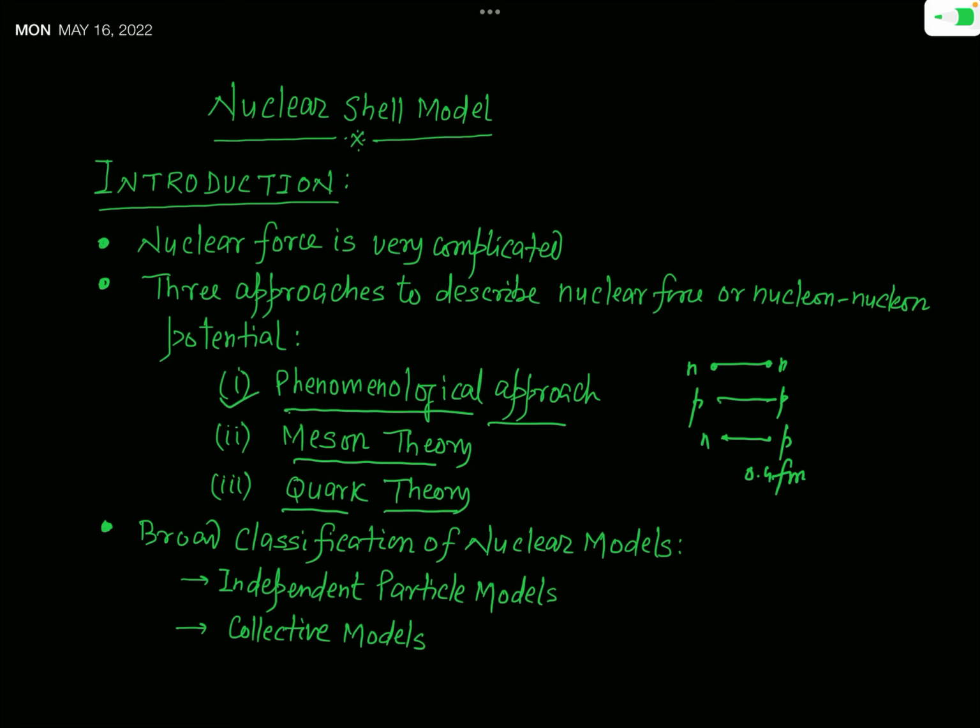As you know, a nucleus contains a large number of nucleons, and so to make a rigorous treatment, it is very difficult to develop a theory. In this regard, many phenomenological models have been developed to describe the nucleus.